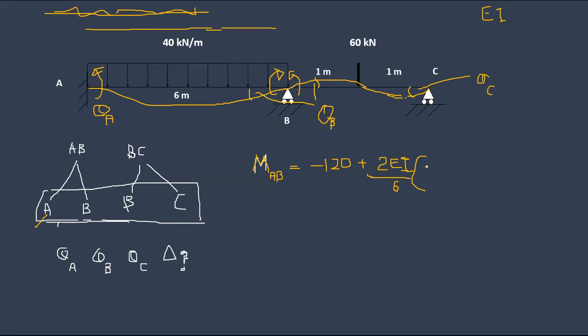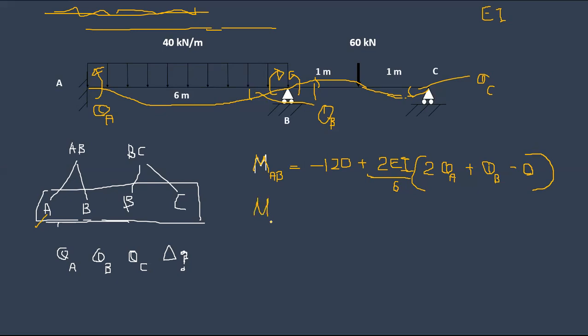So you have 2 theta A plus theta B, and you don't have any support settlement, so that is 0. If you have it, they will give the value so that you can find these unknown rotations, right?